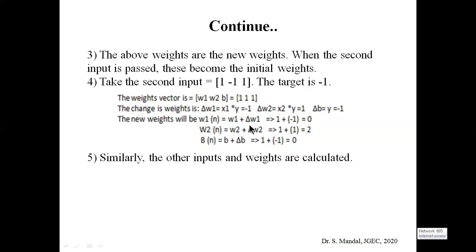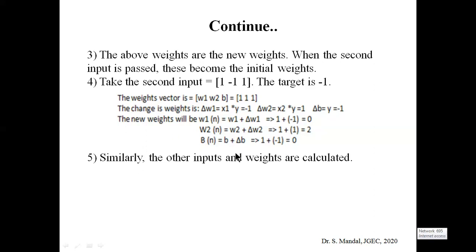The change in w1 will be x1 into y, that is minus 1, and the change in w2 will be x2 into y, that is 1, and delta b equals y, that is minus 1. So the new value of w1 will be 1 minus 1, that is 0. The new value of w2 will be 1 plus 1, that is 2. And the new value of the bias will be b plus delta b, that is 1 minus 1, that is 0. So the updated weights will be 0 2 0.